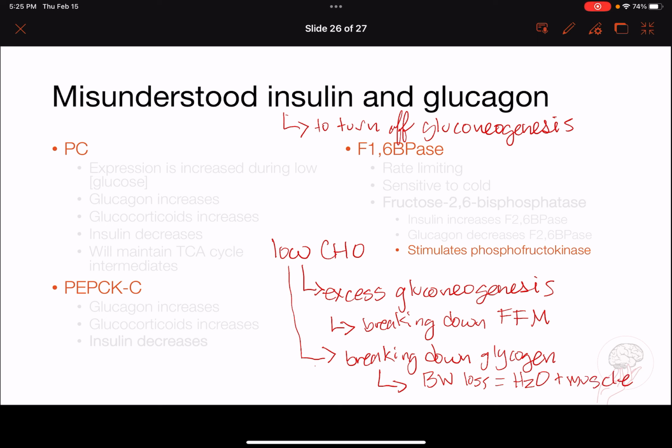So the answer to which diet is better, if we're looking just to lose body weight and we don't care where that body weight is coming from, you're going to see faster body weight loss with a low carbohydrate diet.